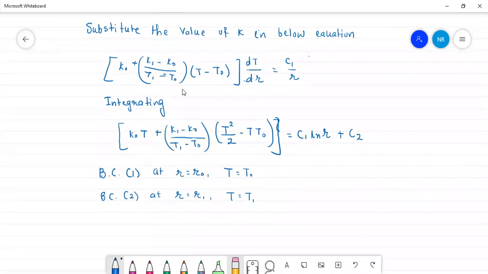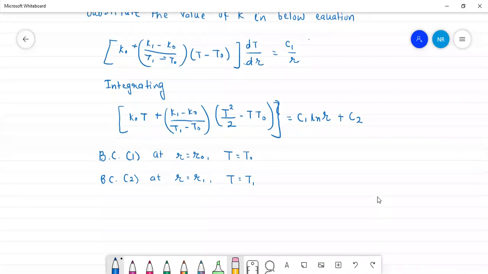So we do the integration, and then we have the boundary conditions. Now we go further and finally derive the equation using this. I put the values of the boundary conditions in the above equation.